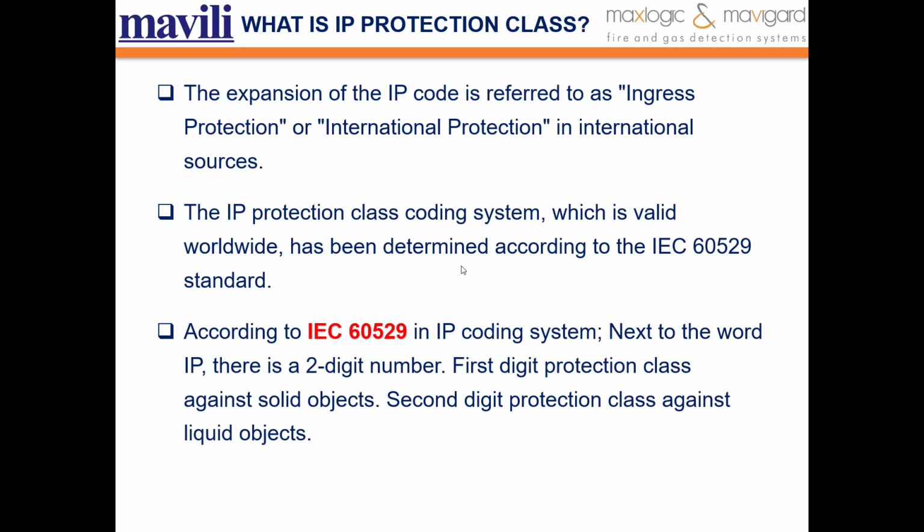These numbers indicate how durable the device in question is against solid and liquid objects. The number in the first digit indicates the class of protection against solid objects. The second digit indicates the device protection class against liquid objects.